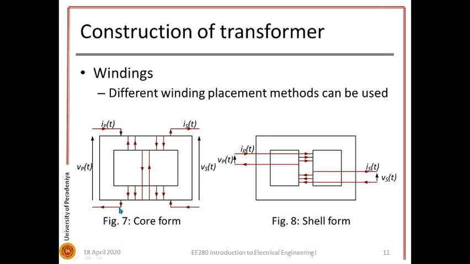So if we take the primary winding, half of the winding would be in this limb and the other half would be in the other limb. Similarly, in the secondary, half would be in this limb and the other half in this limb. In the shell form, both the primary and the secondary winding would be wound on a single limb.